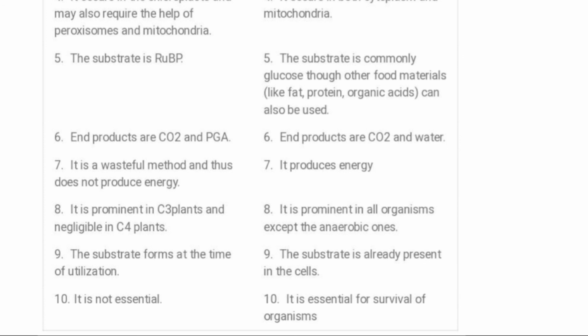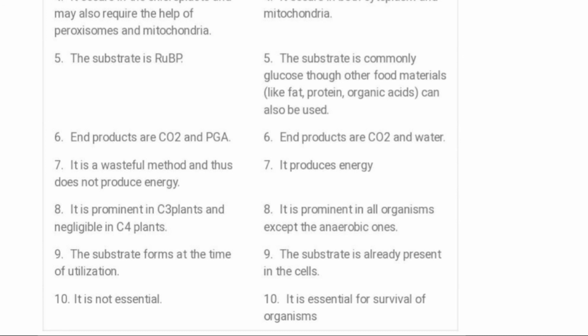So the Rubisco enzyme favors the process of the C3 cycle, and it uses that carbon dioxide. Thus, we can say that in C4 plants, generally the photorespiration process is negligible. We can say that it is not found.